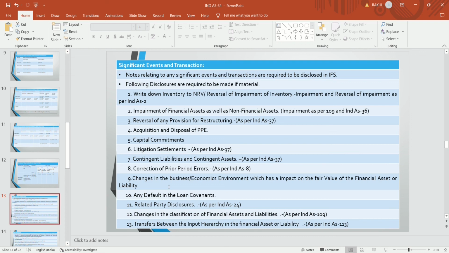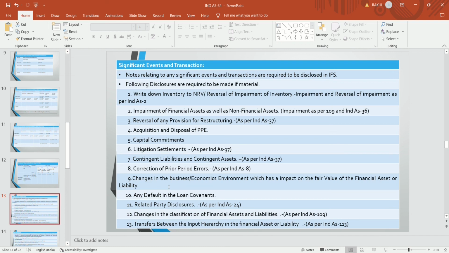If there is a transfer between the input hierarchy in the financial assets or liabilities, input hierarchy means, suppose in investments there are some quoted values which are required to be valued as per the market price on the date the transaction takes place, because if the quoted investment is there, the market price will always change day to day.